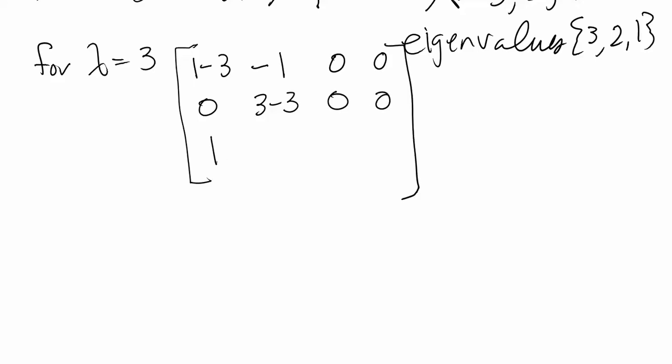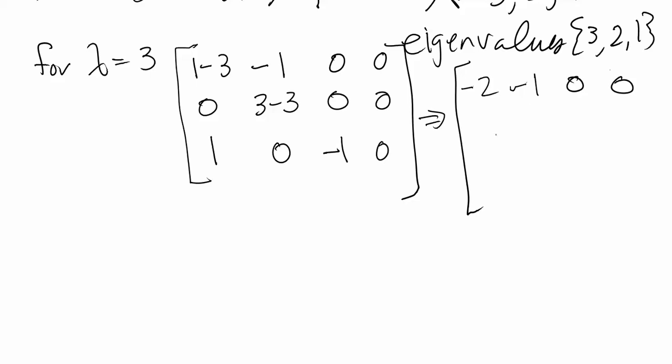And our last row, we have 1, 0, and then 2 minus 3. When we subtract those terms, we get minus 2, minus 1, 0, 0, 0, 3 minus 3 is 0, 0, 0, and then 1, 0, minus 1, 0.